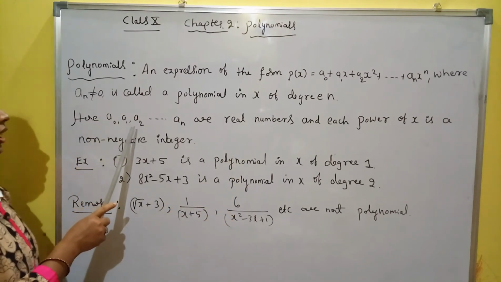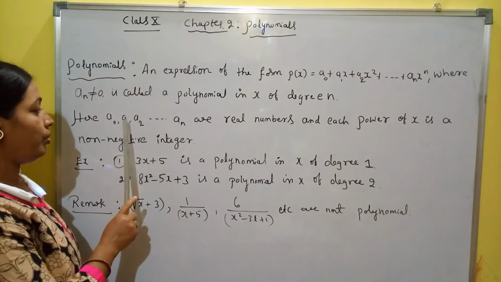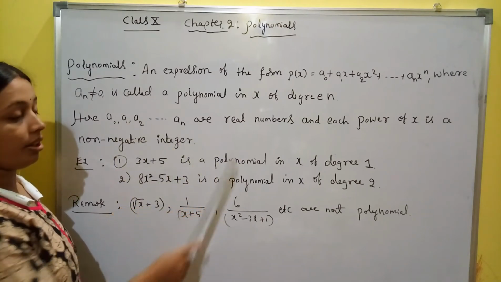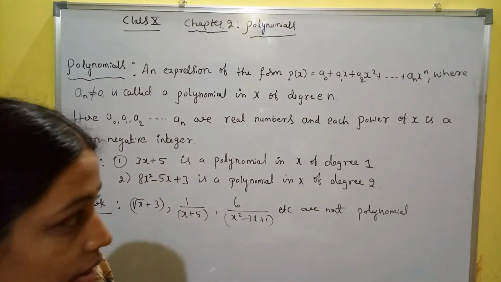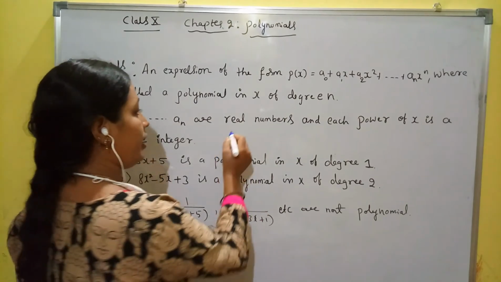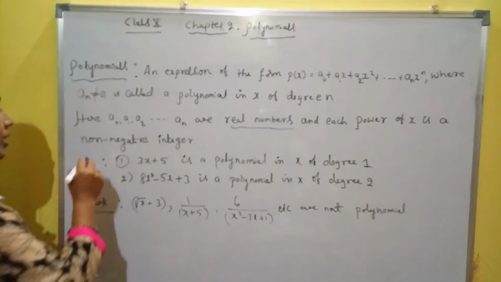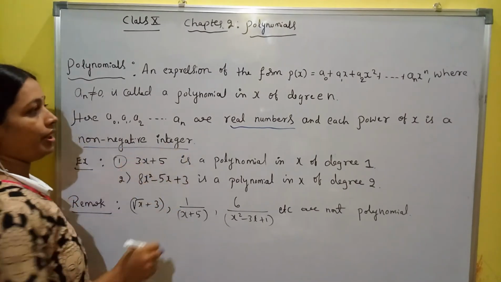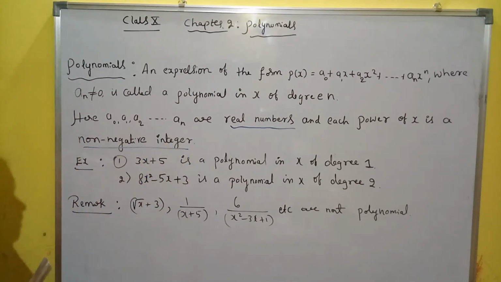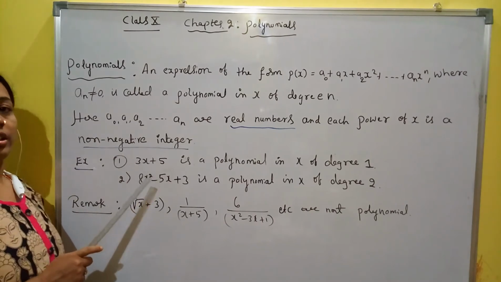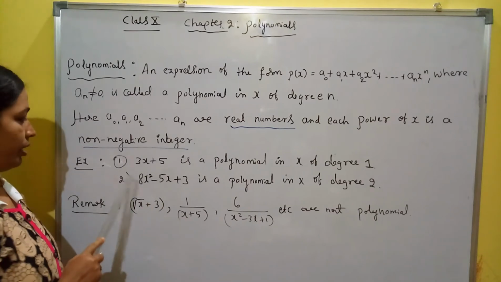Here a0, a1, a2, ... an are called real numbers, and each power of x is a non-negative integer. The power of x is always a non-negative integer. If it is a negative integer, then it is not a polynomial.